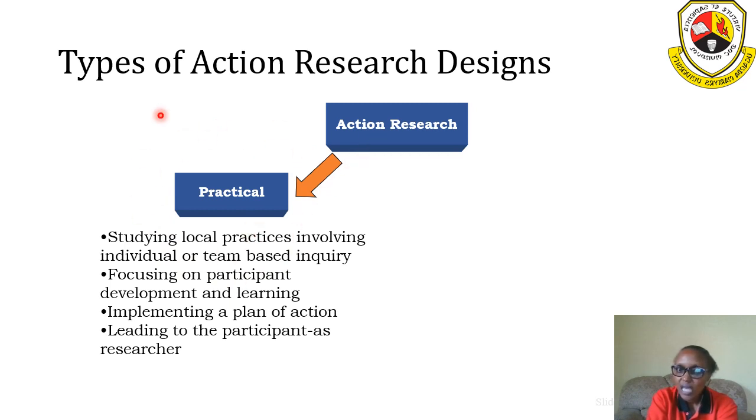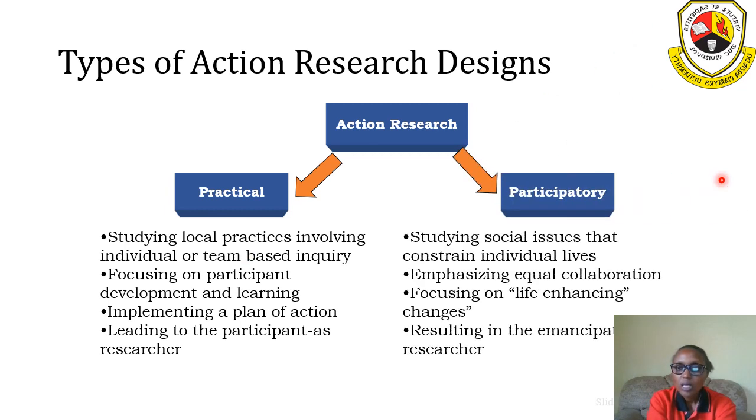So they applied their action research, and they observed the participants as they were adopting this groupware application. So as they observed, they were also participating within the social environment.